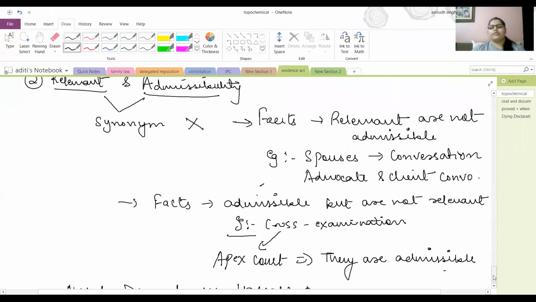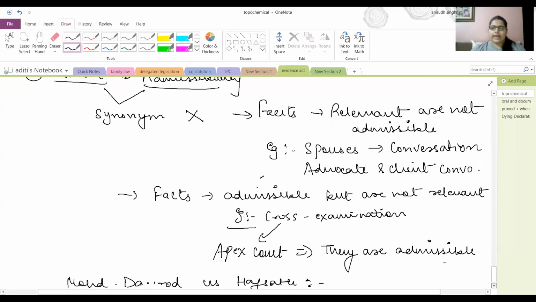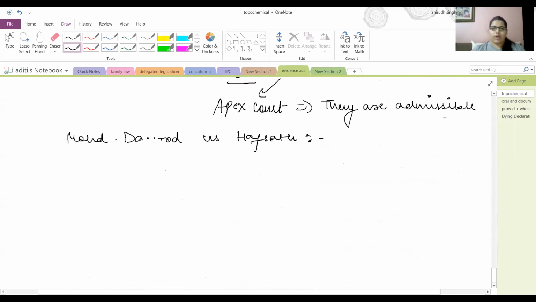At the same point of time, in the case of relevancy and admissibility, both are essential. So that means there should be relevancy of the fact, whatever you are producing, it should be relevant in the eyes of law. Now, there is a case of Mohammed Dawood versus Hafsat.